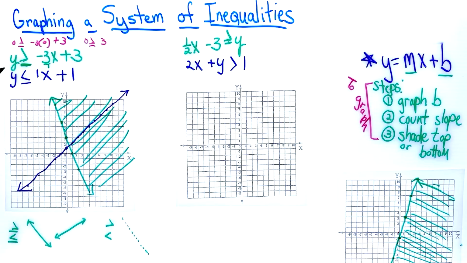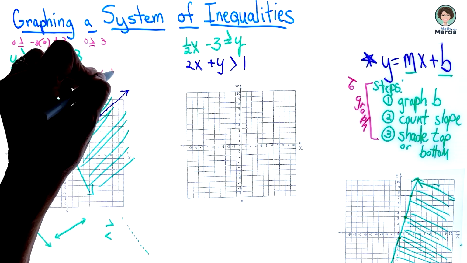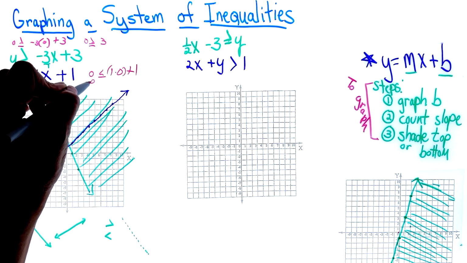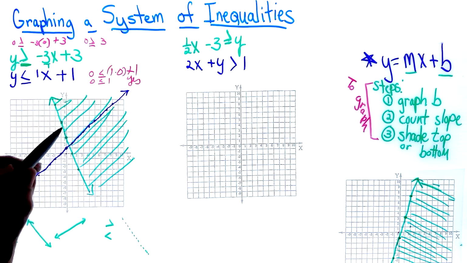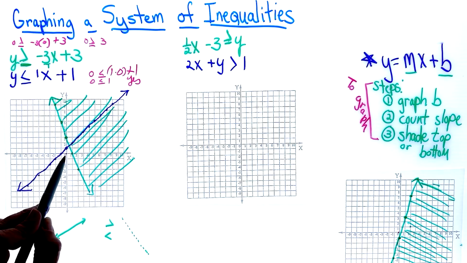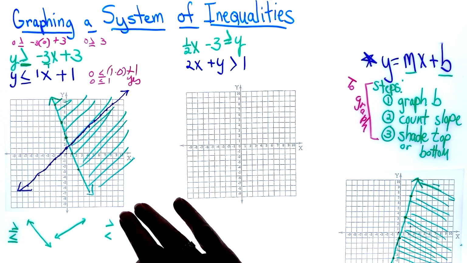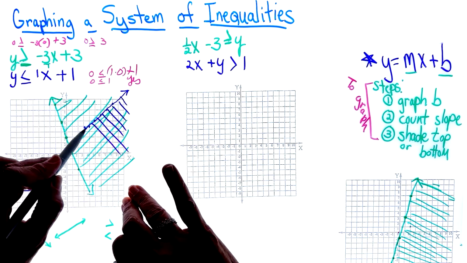So I substitute in 0, 0 into this inequality, and I get 0 is less than or equal to 1 times 0, which is 0, plus 1. So is 0 less than or equal to 1? Oh, the answer is yes. That means where my ordered pair is, I now will shade, and that is the bottom part of the line. I'm starting up here, and notice I am doing all of my shading.